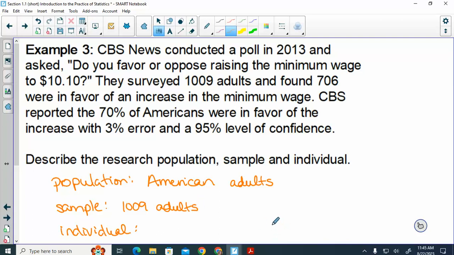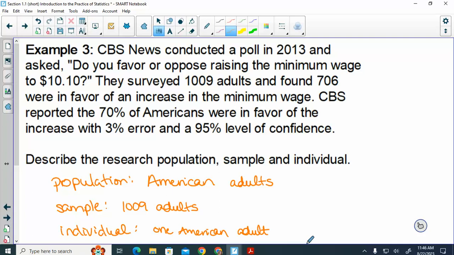And individual. Singular person. Okay. Are there questions about populations versus samples, descriptive, inferential, parameter, statistics?